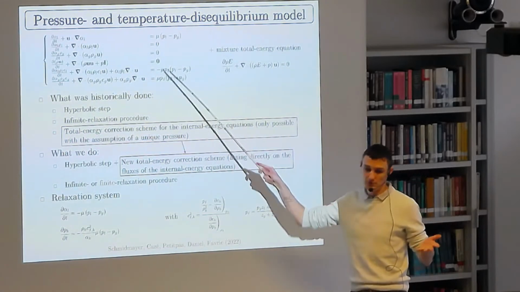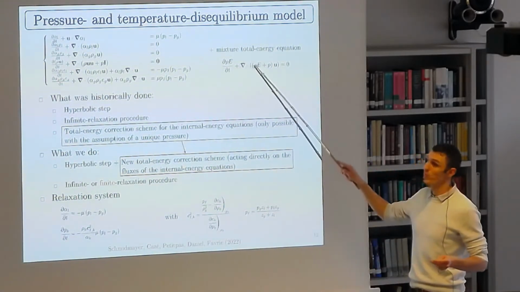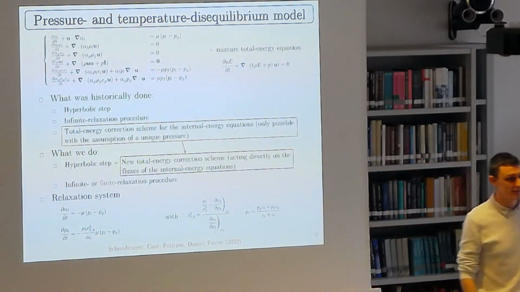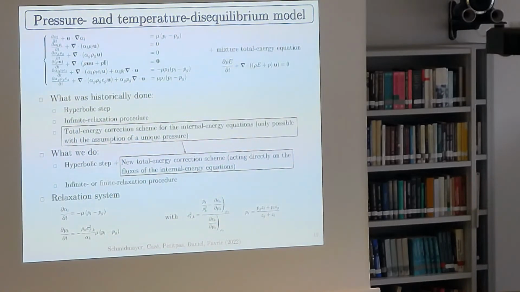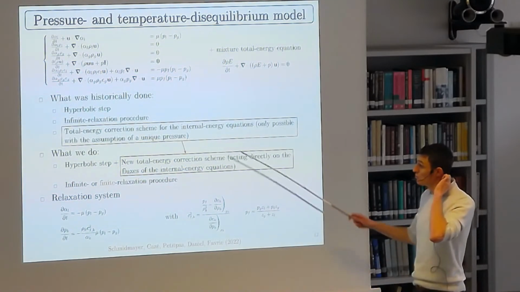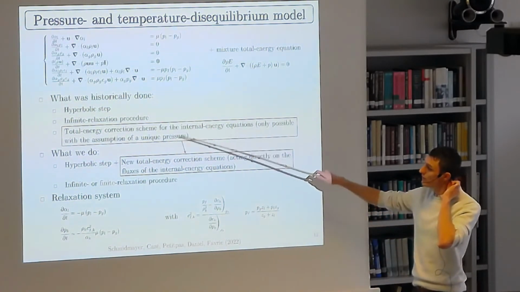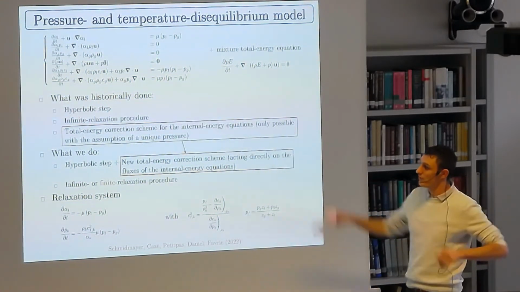Mathematically, it's conserved: if you sum everything, you end up with this equation, but numerically, it's something else. And the total energy correction was done after the infinite relaxation.